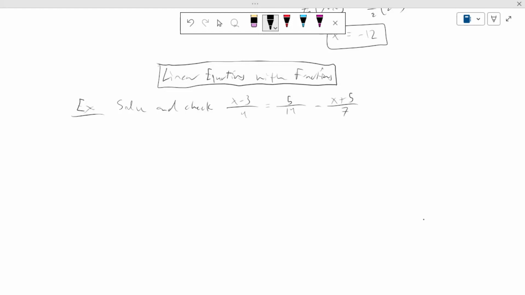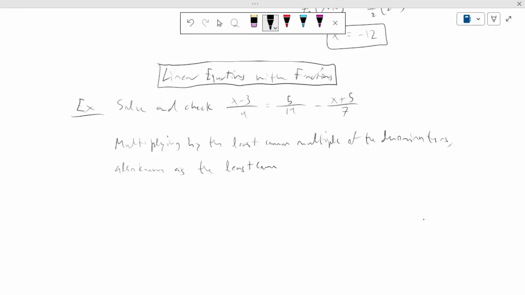What we do to get rid of fractions is multiply by the least common multiple of the denominators, which we have a shorthand name for, also known as the least common denominator, on both sides of the equation.